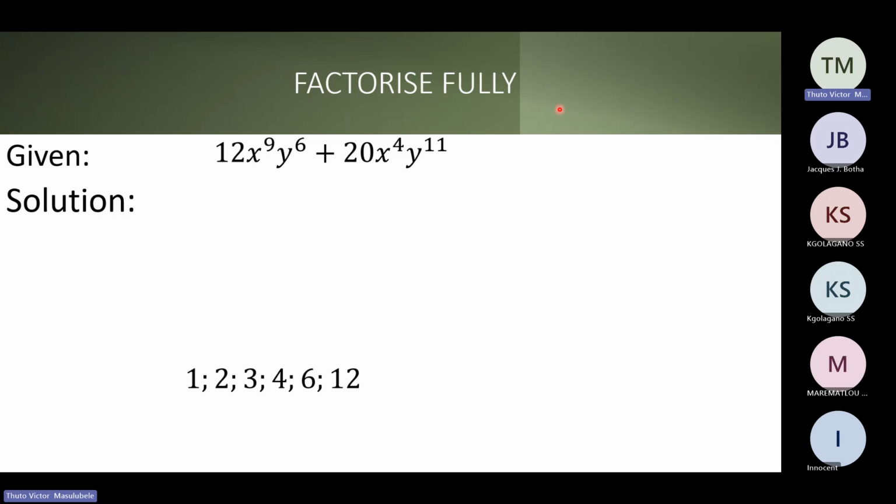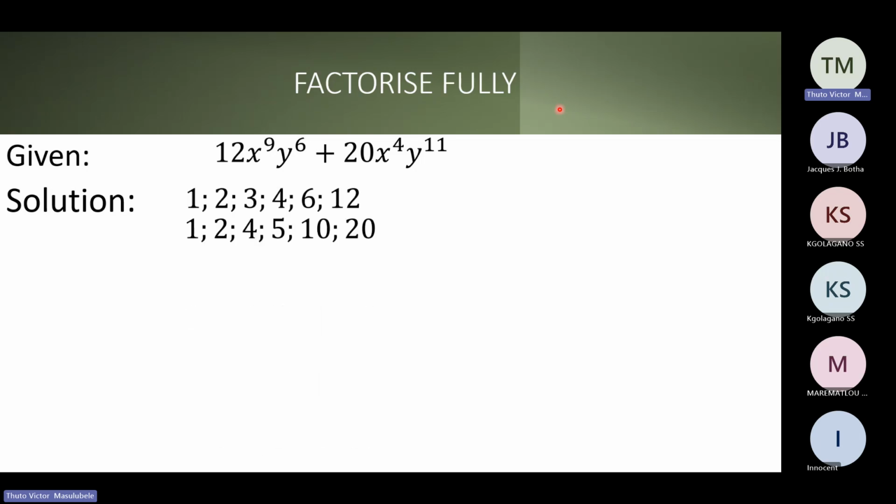Now let's factorize the next expression. If you are given 12x to the 9th, y to the 6th, plus 20x to the 4th, y to the 11th, and you're expected to factorize, we look out for the highest common factor of 12 and 20. By writing down the factors of 12 and the factors of 20, you will realize that the highest common factor there will be 4.